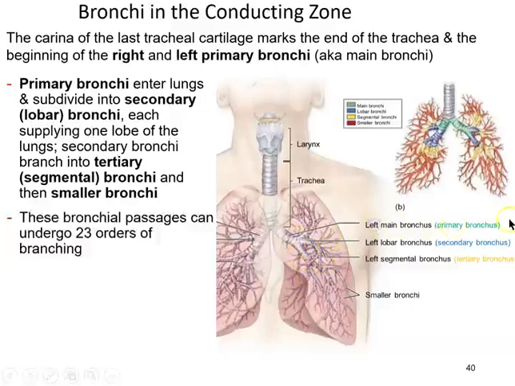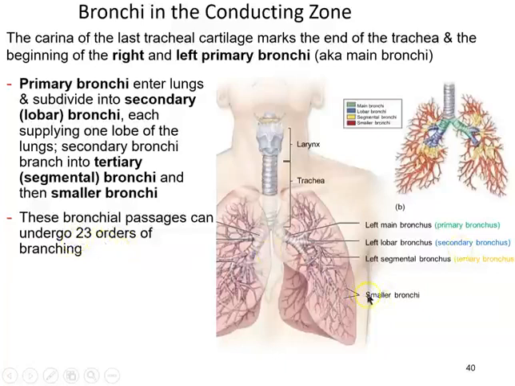This becomes kind of silly because what we could say is there's one order of branching from trachea to two bronchi. The second order would be from primary bronchi to secondary or lobar. Third order branching would be the different segmental bronchi. Every order of branching makes smaller branches, and they can branch up to 23 times.